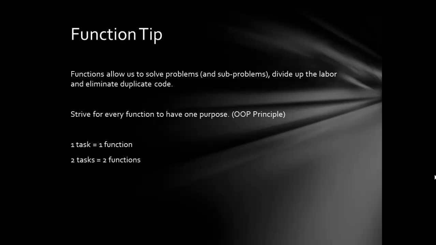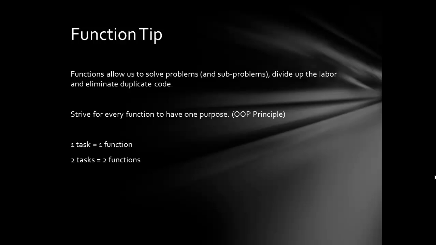Now, again, like I said before, functions allow you to solve problems and sub-problems, divide up labor, eliminate code, all that stuff. One OOP principle we want to strive for when we build functions, and this coincides with the ability to break down problems, is the single purpose principle, or single responsibility principle, SRP. Our function needs to do one thing and one thing only.